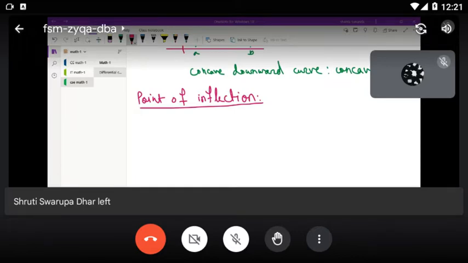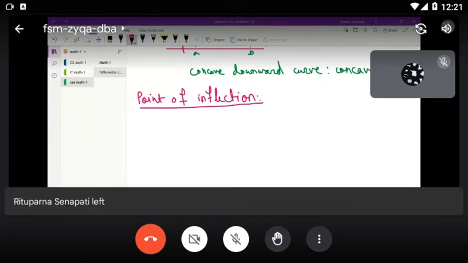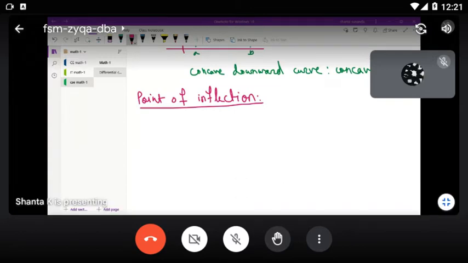So here, what happens to the tangent line at the point of inflection? Harsh Mishra, how does the tangent line behave at the point of inflection?